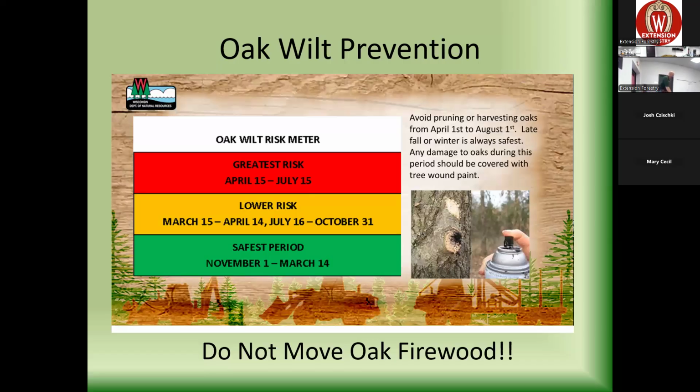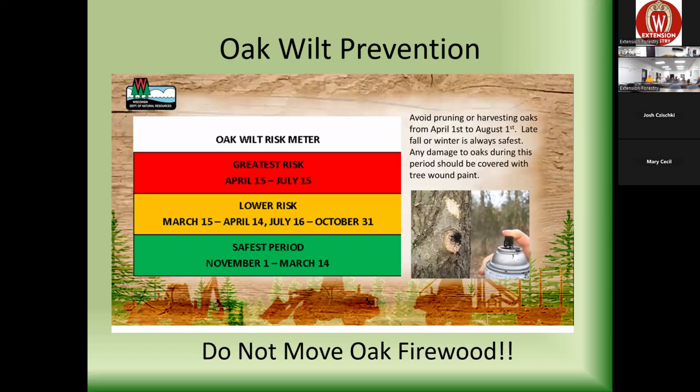And sure enough, that sale ended up having, I think, about 16 or 17 different pockets of oak wilt. Each one of those trees that was dead, that had wilted the previous year, and that pocket was starting to expand, each one of those trees had a little bit of damage on it from logging. So I'm 100% convinced that by putting in those oak wilt restrictions, you're definitely saving your oak stands from being infected with oak wilt.